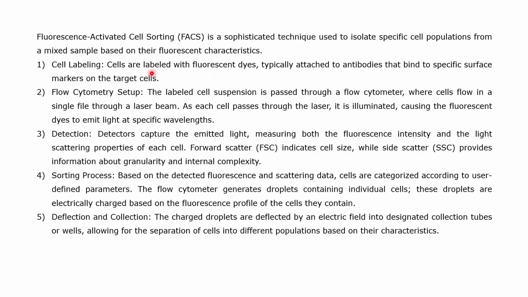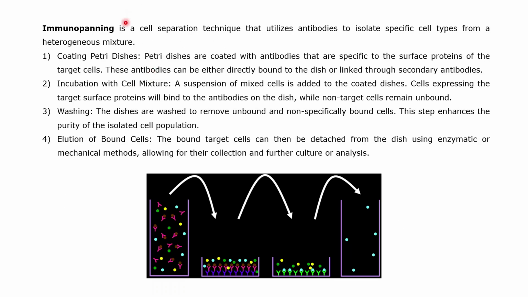If you are marking out certain target cells, there might be particular receptors that are innate to that cell and expressed at the cell surface. So the antibody that we use has to target these particular receptors. In the case of immunopanning also, it is the same reason. You have to have an antibody that targets a particular cell surface receptor present on the cell surface.